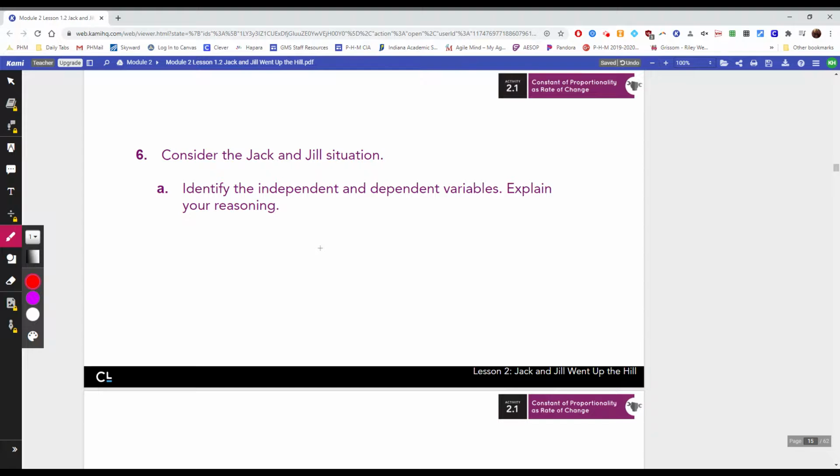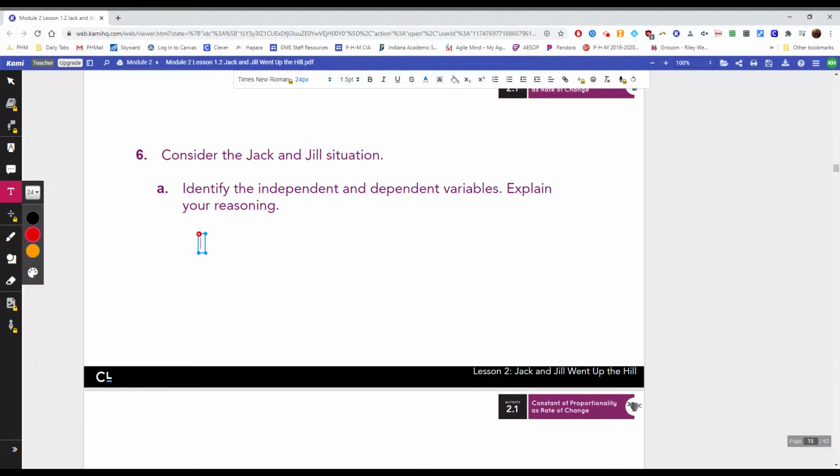So we're going to identify the independent and dependent variables in this situation. I think I already mentioned it. So we had distance and we had time. So we had yards and we had number of seconds. Think about which one depends on the other one, and that is the dependent variable. Independent variable, dependent variable.